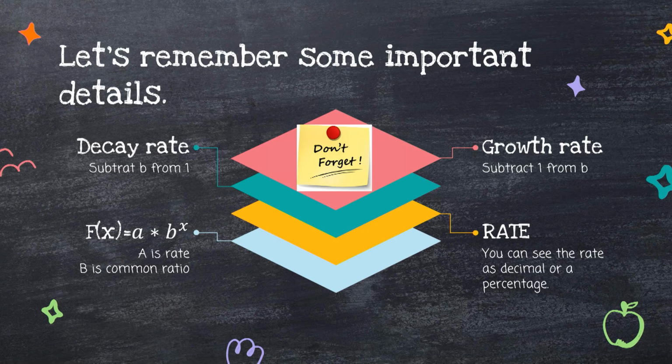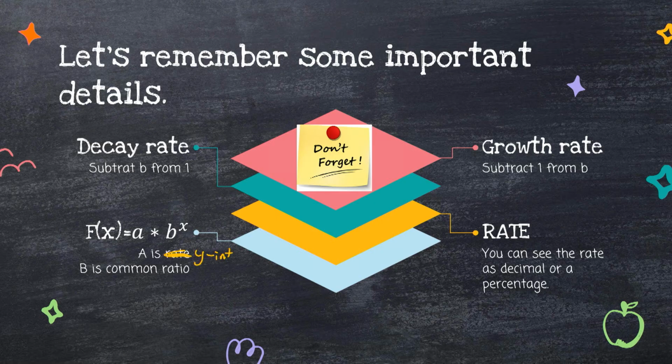All right, so let's do some remembering of important details. For my decay rate, remember, I am subtracting b from 1 to find that decay rate. When we are looking for growth, I'm subtracting 1 from my b. And we're seeing that f of x equals a times b to the x, where a is my y-intercept.